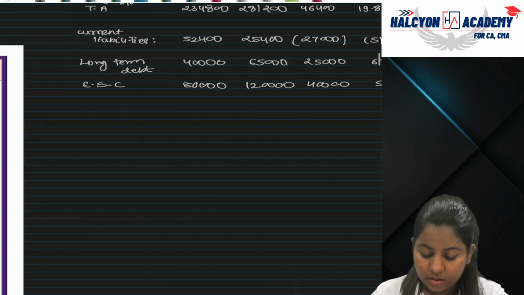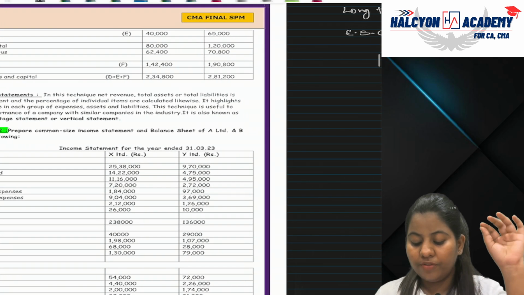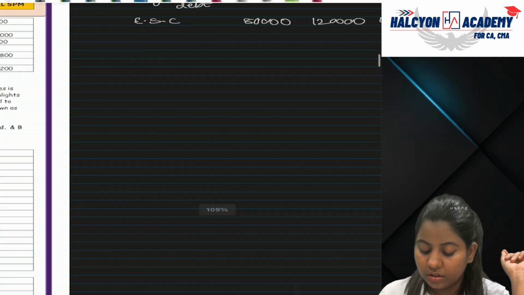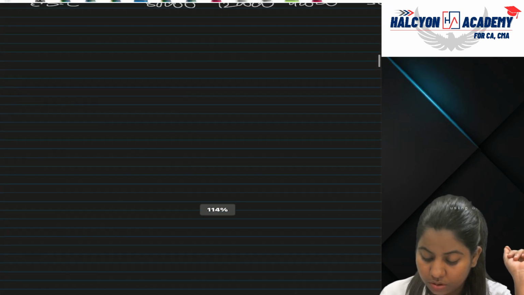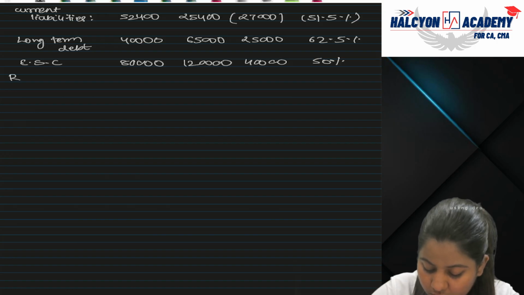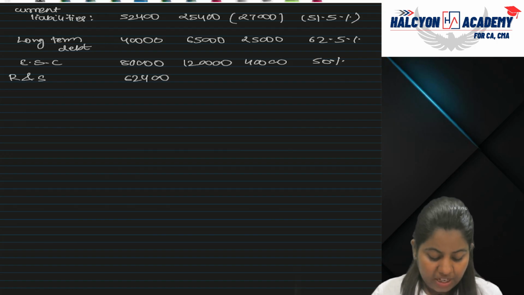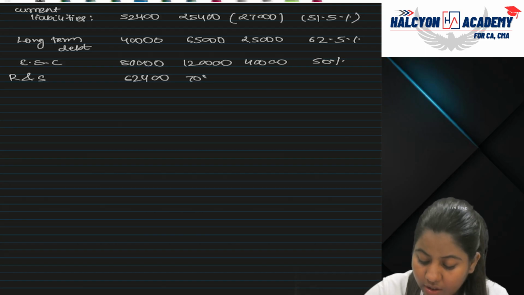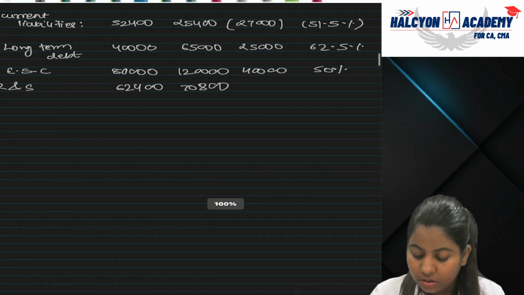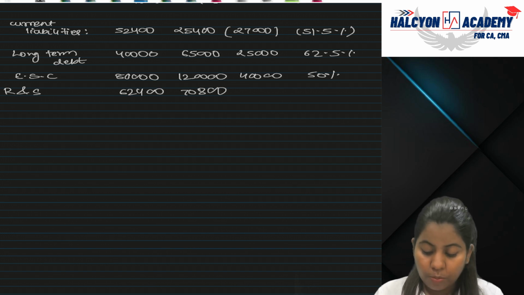Next is reserves and surplus. 62,400 in previous year and 70,800 in current year. So how much has it increased?